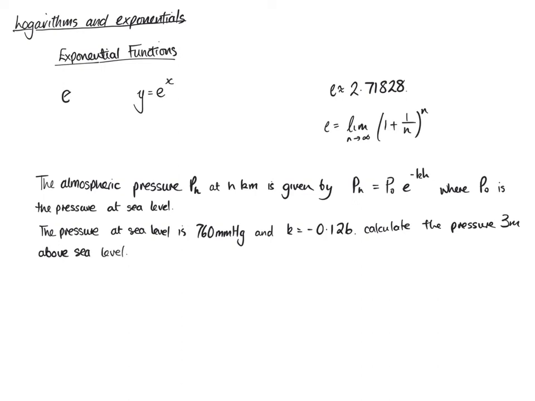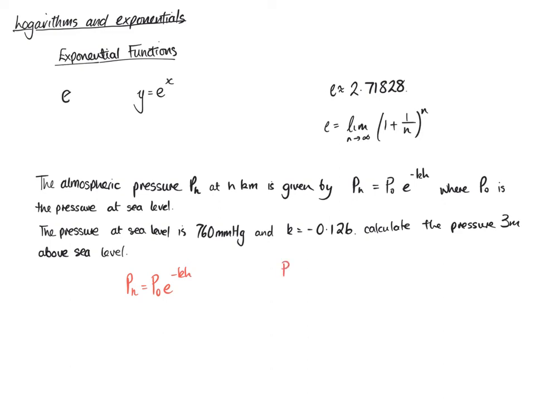When it comes to these questions, I think the most difficult part, because it's quite wordy, is knowing where to start. The place to start is always, firstly, to write down your initial equation, which is what we've got to work to. Then you write down what you've been given.